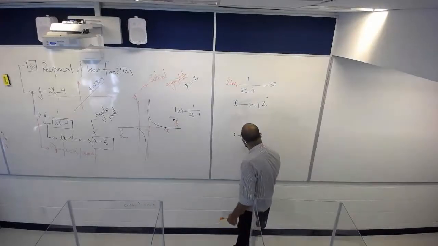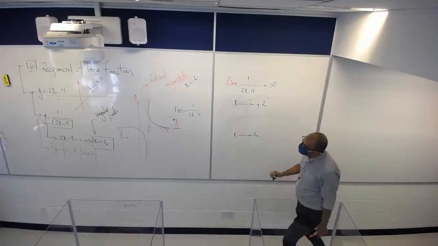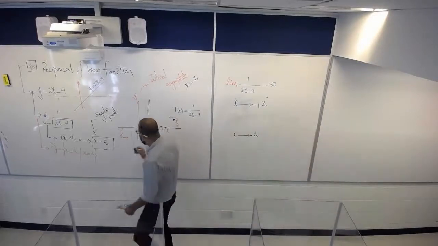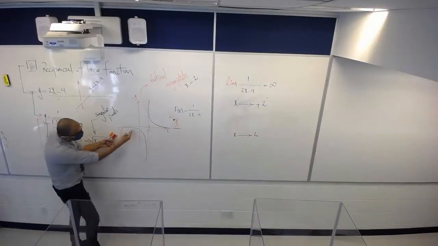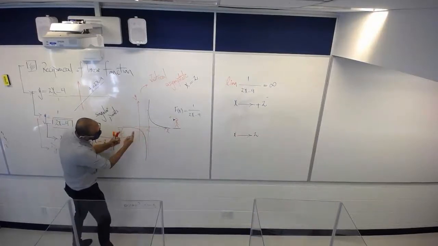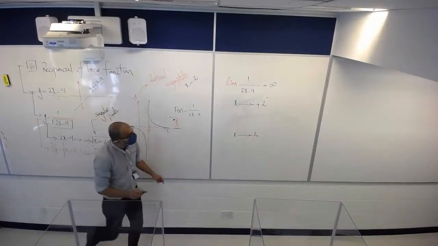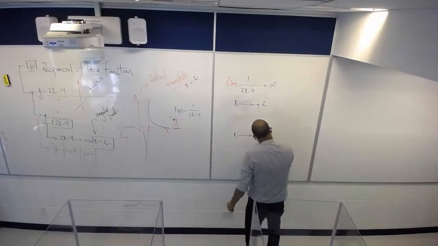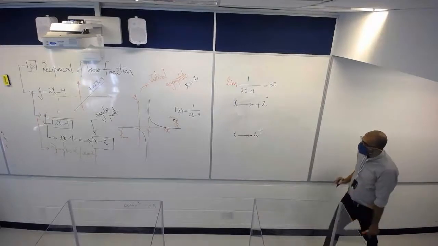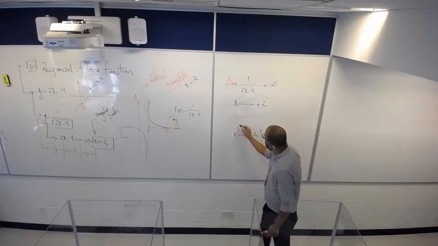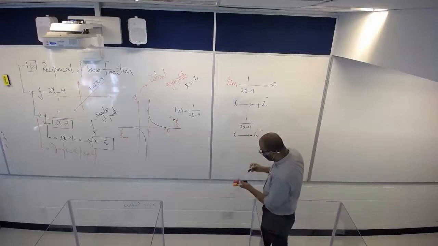I say x, which is Kelvin, is walking towards 2, which is my vertical asymptote, but Kelvin is looking at the bigger numbers. For example, from -2, 0, the direction of x is this. In this direction, x is going to get bigger. It means that Kelvin is walking towards 2 from that direction.